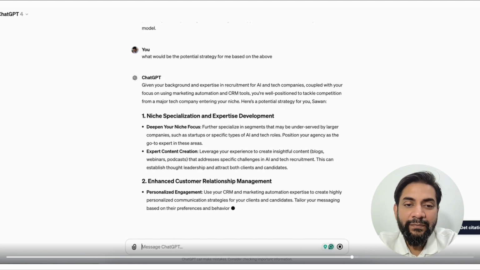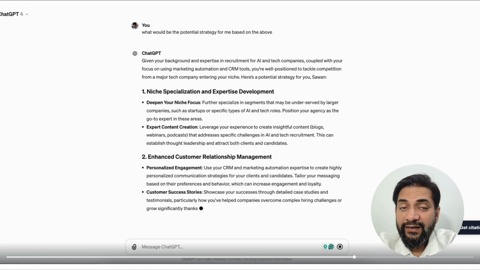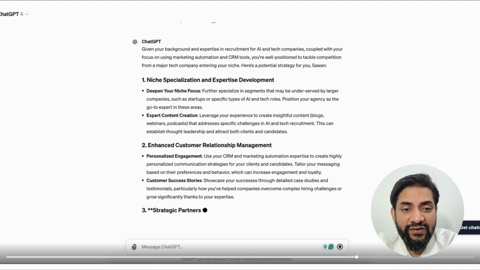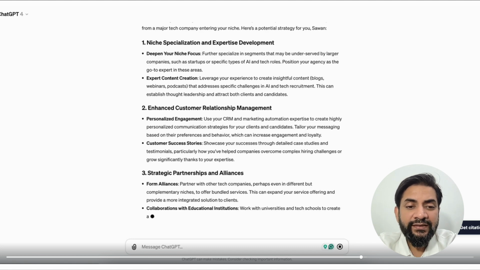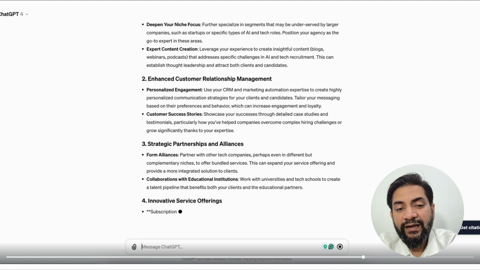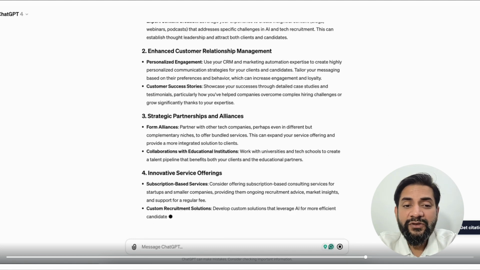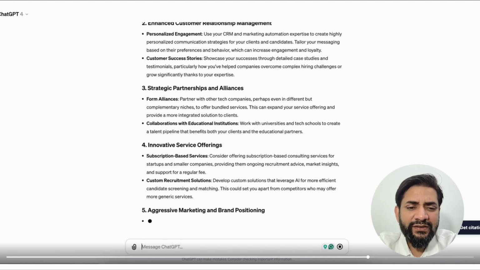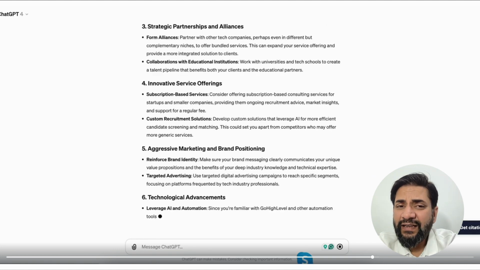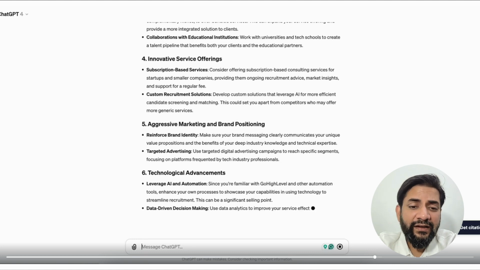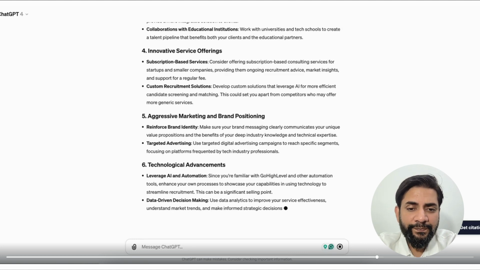So it asks me to deepen my niche focus, get into expert content creation, personalized engagement, customer success stories, forming alliances, collaborations with educational institutions, subscription-based services, custom recruitment solutions, reinforcing brand identity, targeted advertising, leveraging AI and automation, data-driven decision making, and more.